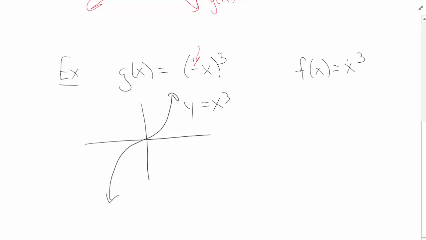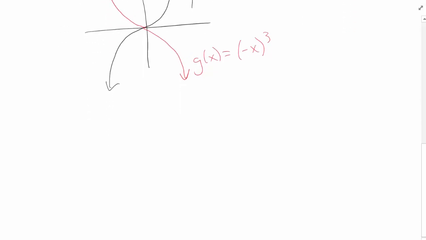So if I add it inside the function, I'm affecting inputs. Those are x values. So if my x values were positive over here, they're now going to be negative, which means they're going to be over here. And if my x values, say these ones down here, were negative, well, they're now going to be positive, the opposite sign. So you can see that I essentially reflected it across the y-axis. So here's my g of x is equal to negative x cubed.